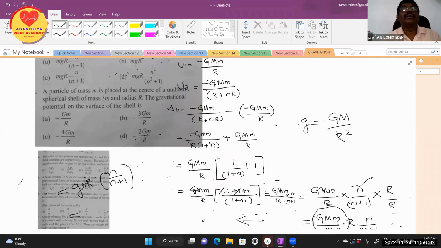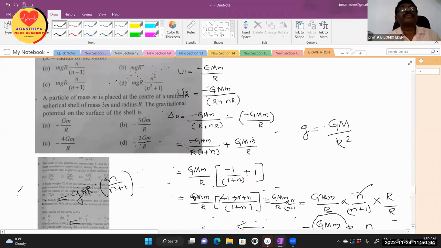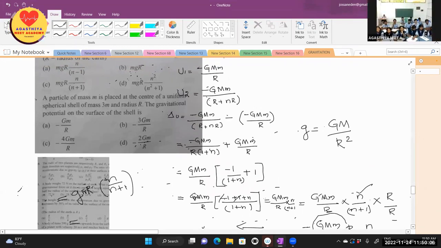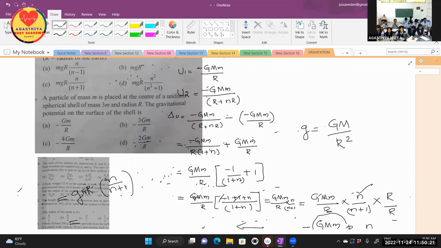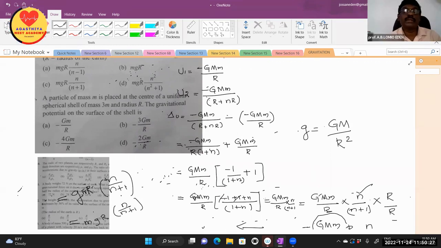See the options. Which one is correct? Yes, very good. So depends upon the option given, you have to modify your answer after solving the problem. Understand, students? Yes, sir. Okay. Kindly note down this, please, quick.